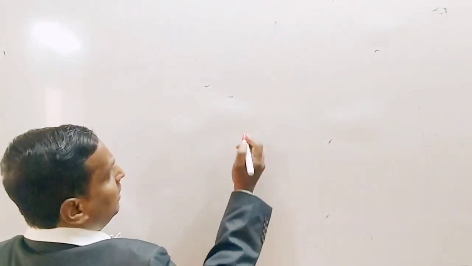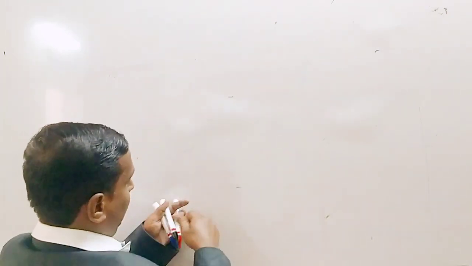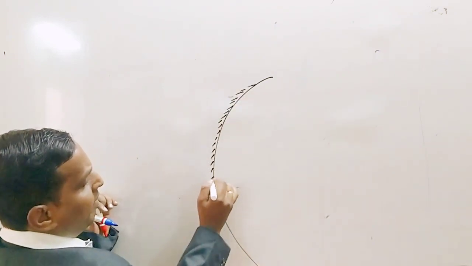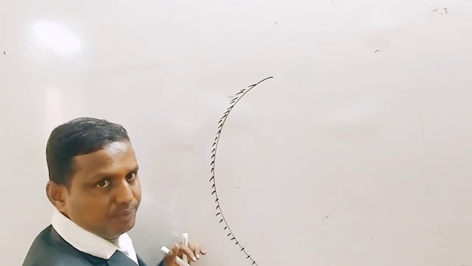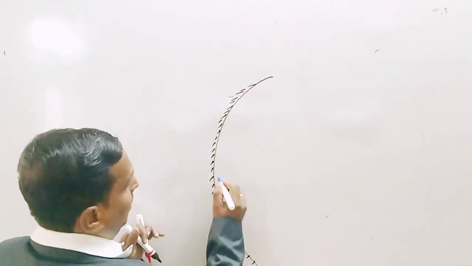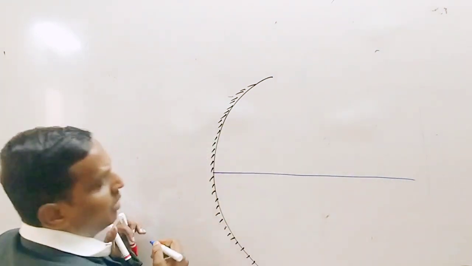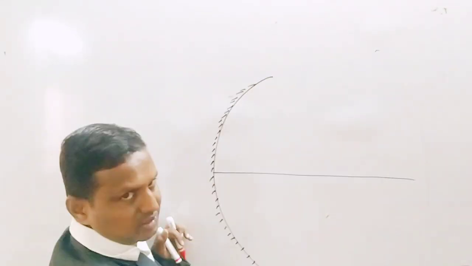First, generally, this is a concave mirror. Every mirror has a principal axis. This is called the principal axis.